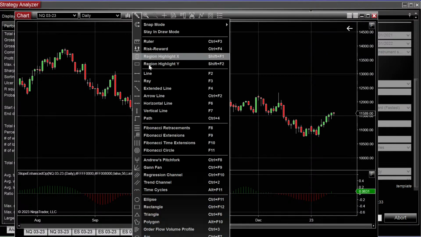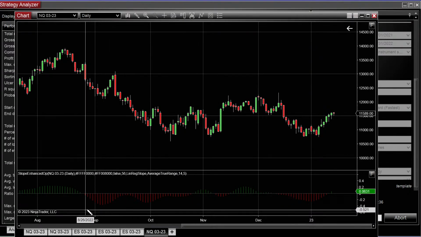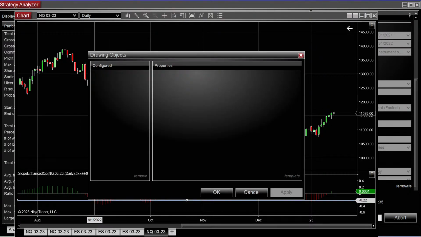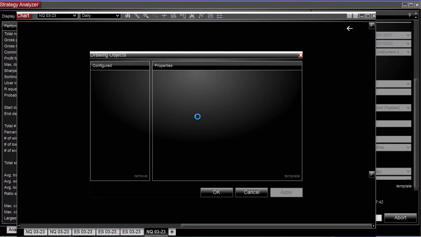Let's put a horizontal line at the -2 mark. I have to give it a second because it's trying to run this test, so it's freaking out.